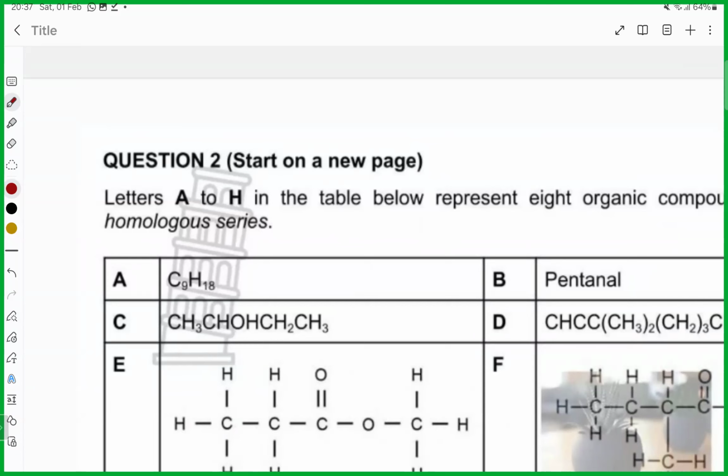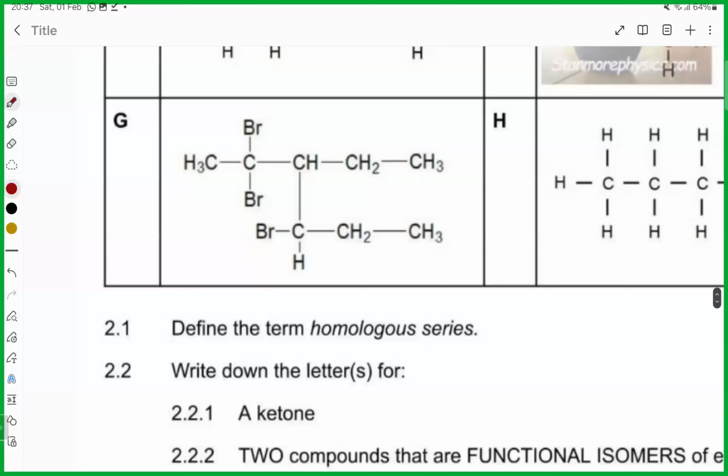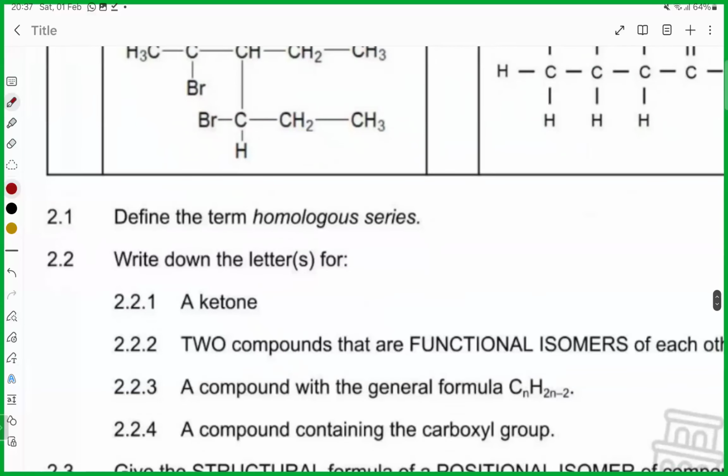Unsaturated, double or triple bonds between carbons. It's unsaturated. Correct. And the reason? It's an alkene, so with a double bond between carbons, right? Don't just say double bonds. Between carbons. Right. Yes.